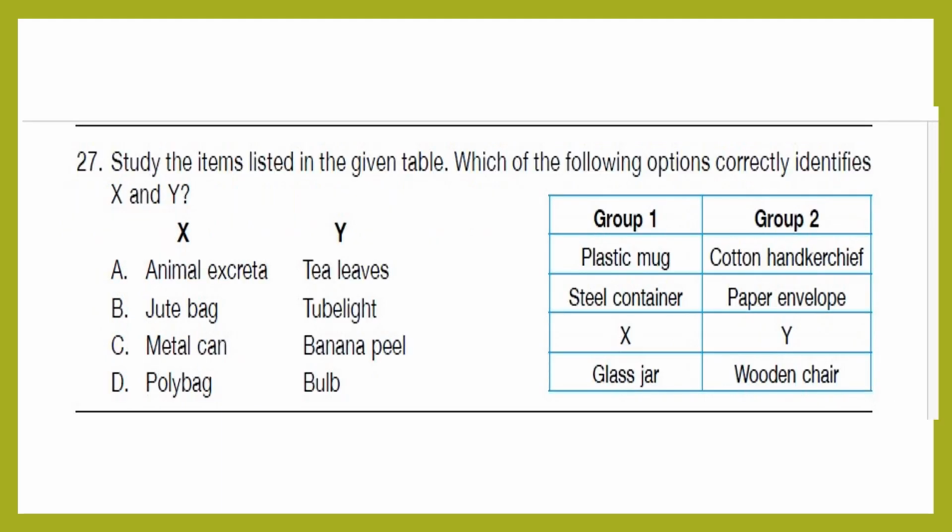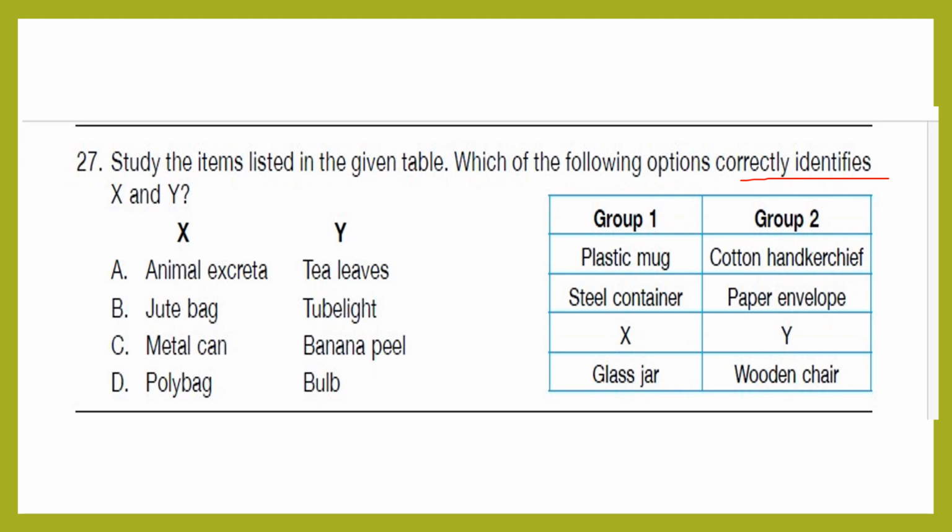Question number 27. Study the items listed in the given table. Which of the following options correctly identifies X and Y? In group 1: plastic mug, steel container, X, glass jar. In group 2: cotton handkerchief, paper envelope, Y, and wooden chair.